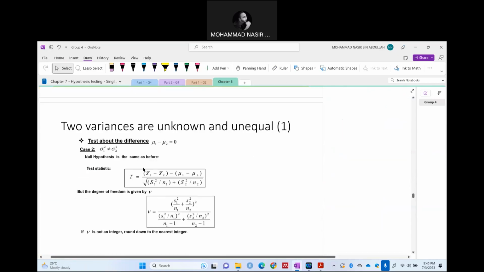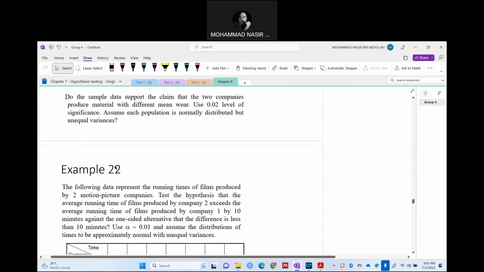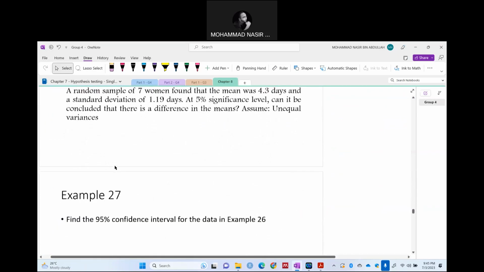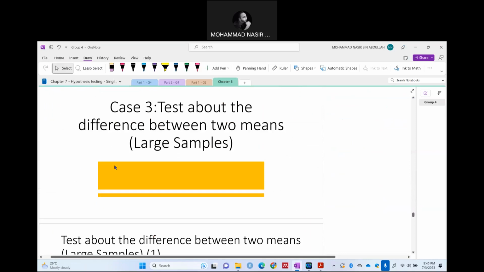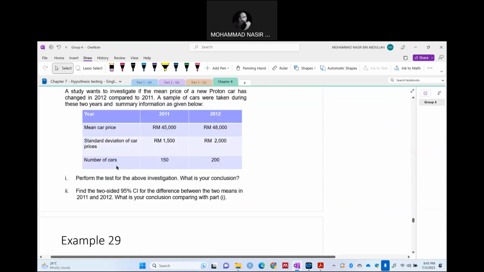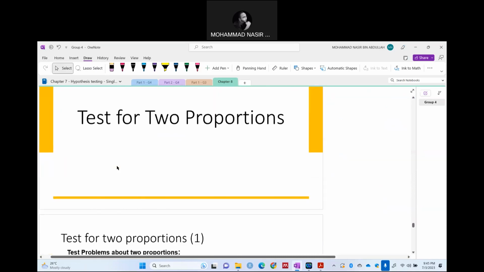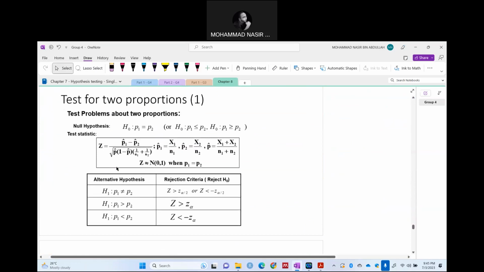So this is very hard to calculate. And then we will look into when the sample size is very large, when n is more than 30. And the last part is two proportions. That's all. Then we finish chapter number 8.